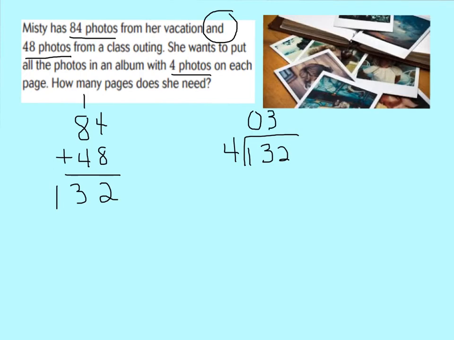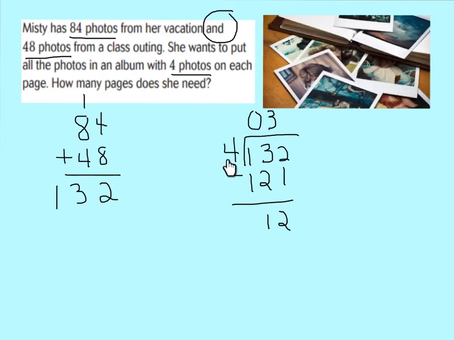Now I know that the next thing I'll need to do is multiply 3 times 4, which is 12. And now I'm ready to subtract. And 13 take away 12 is 1, which is less than my divisor. So I'm ready to go ahead and bring down my next number, which is 2. And now I will begin the steps all over again.